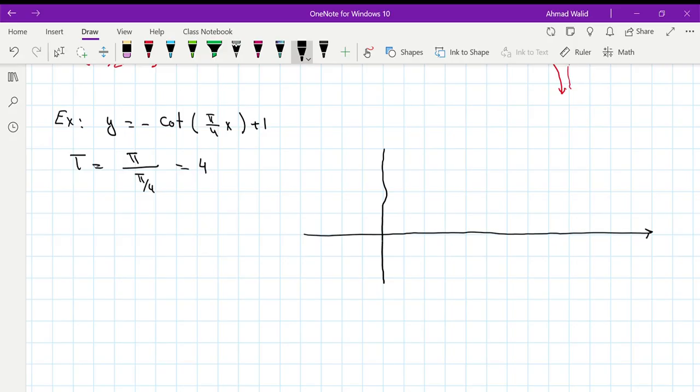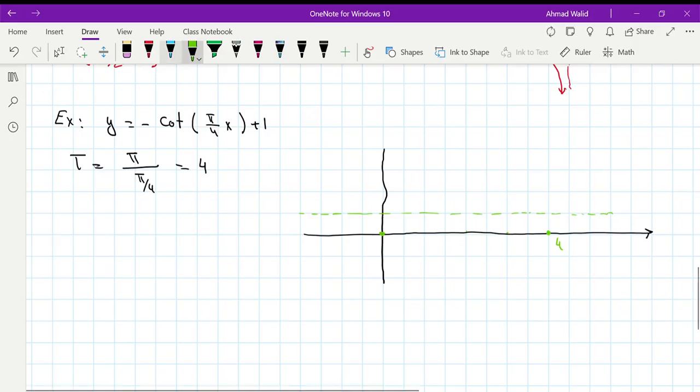First, vertical shift, up 1. Vertical shift, up 1 here. Because I'm dealing with cotangent, I will start from 0 and mark somewhere 4. Here, 4.